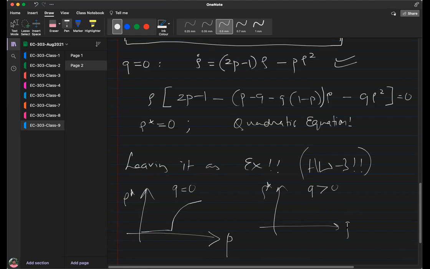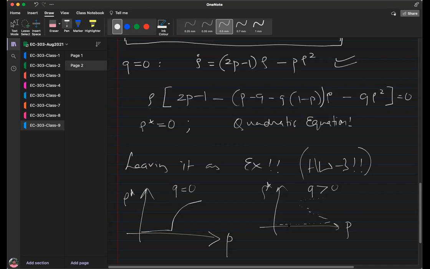If you now plot as a function of p, you have 3 roots. One root will always be 0. And depending on the combination, you can now have 3 roots, something like this. When you have a region of parameter space with 3 roots, what happens to stability?